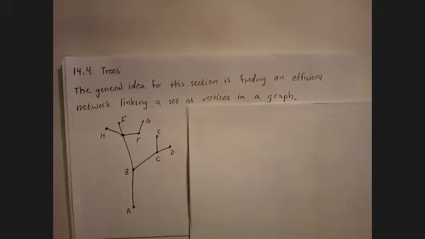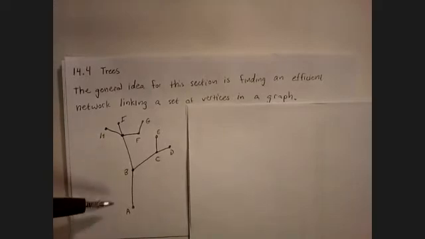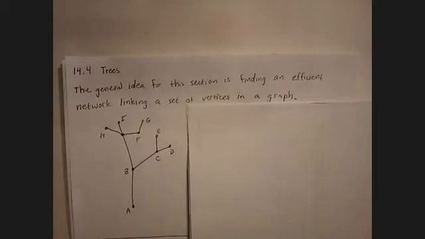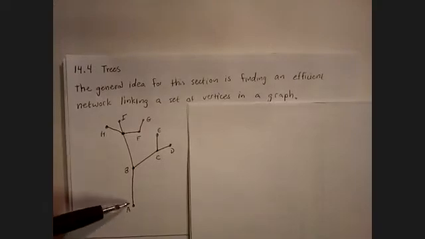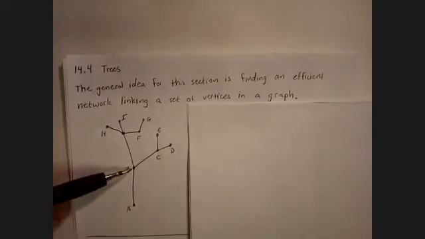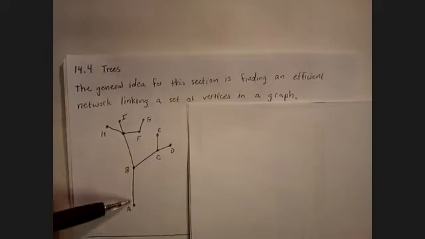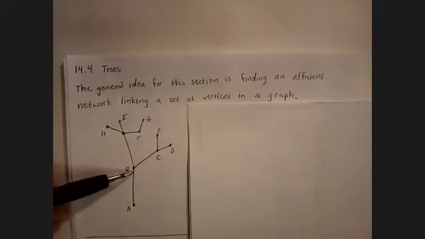But I use this as an example to give you an idea of what the definition of a tree is for this section. Basically it doesn't have to look like this. It doesn't have to have an origin point, if you think about it that way. But what has to happen is every pair of vertices can only be connected by one path.